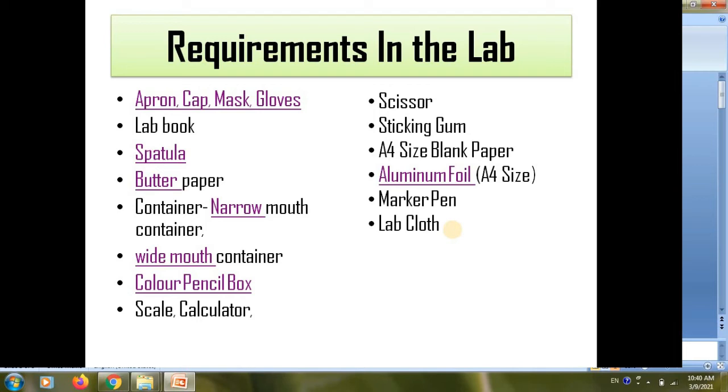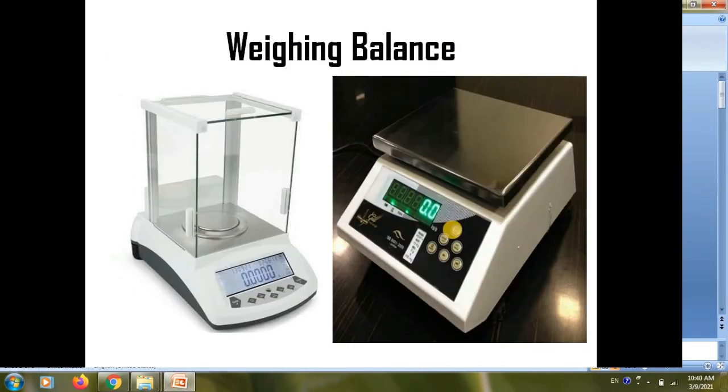Now I am going to give a general instruction while doing practicals in the lab. So this is your weighing balance. Everyone has seen this weighing balance. Most of the time in the market, this large weighing balance will be there. It measures from 10 mg to almost 5 kg. Nothing less than 10 mg will be accurate on this weighing balance, and nothing more than 5 kg.